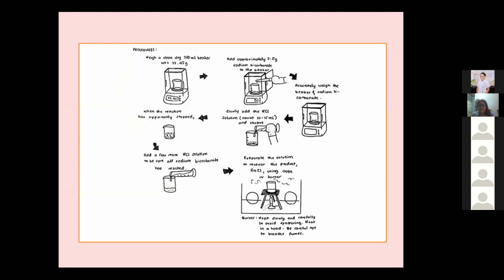And last is to evaporate the solution to recover the product, sodium chloride, using the oven or the burner. If using the burner, you must heat slowly and carefully to avoid sputtering. Heat in a hood. Be careful not to breathe the fumes.